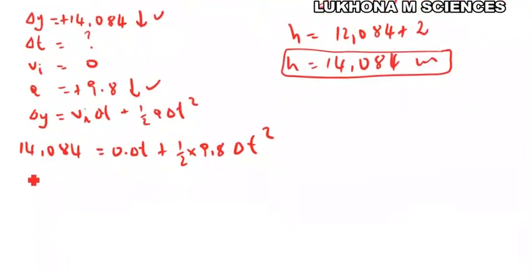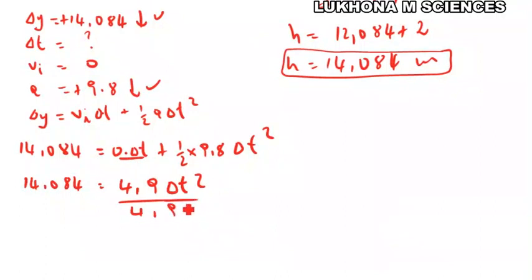Then we have 14,084. Then this one is 0. Then here is 4,9 delta t squared. Then we divide by 4,9 both sides.